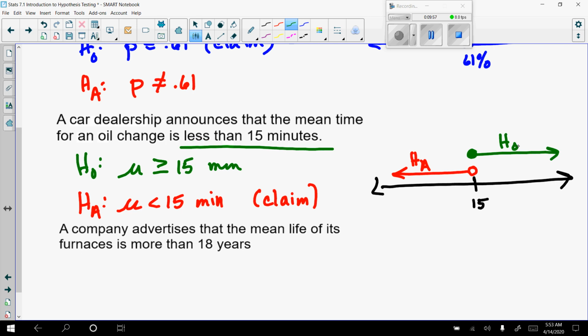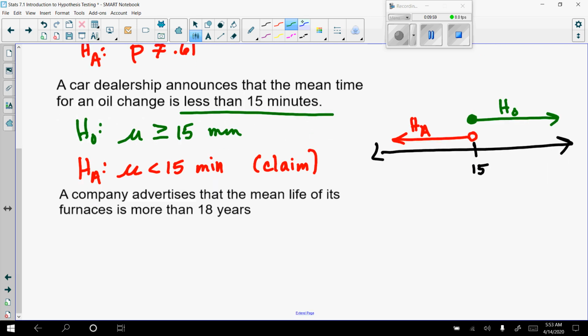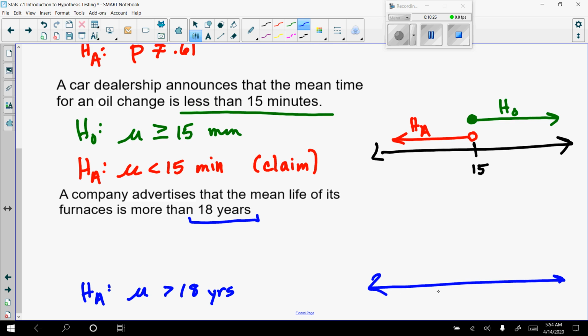And this last one: a company advertises that the mean life of its furnaces is more than 18 years. You want your furnace to last as long as possible, so they're saying that theirs is going to last more than 18 years. Once again, our alternate hypothesis is that the mean is more than 18 years, so everything above 18.